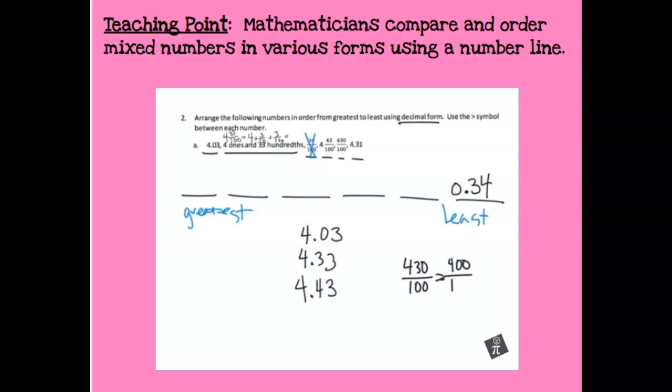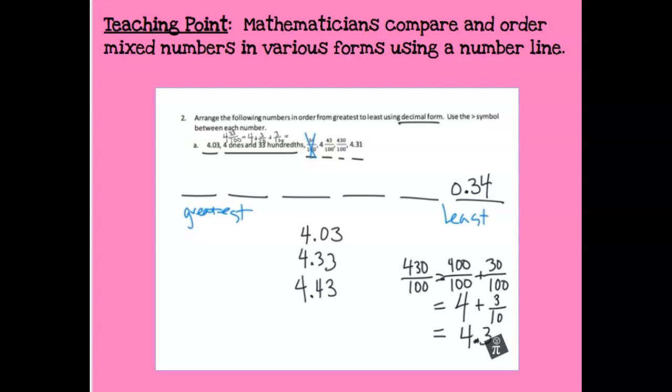We can call that 400 over 100 plus 30 over 100. Isn't it fair to say that 400 over 100 is equal to 4, plus, and isn't it fair to say that 30 over 100 is 3 over 10? And so that immediately tells us that's 4.3.